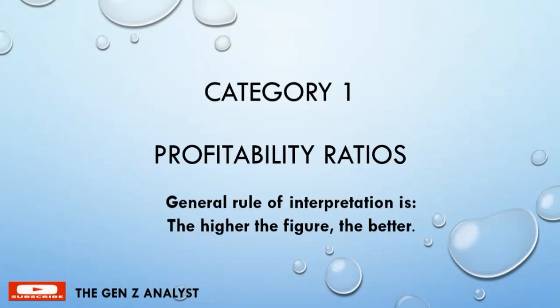And how do we know that the figure is high or low? By comparing it with the previous year ratio, or with an industry average, or with the ratio of a competitor within the same industry. So that is how we analyze the financial ratios.